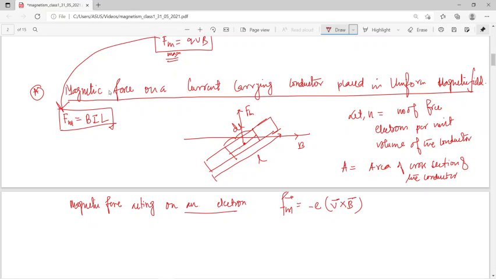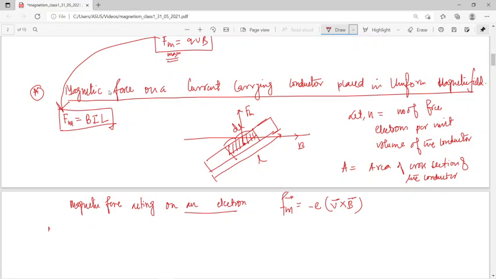And if we consider a small element of length dl of the conductor, the number of electrons in the small element is n multiplied by the volume of the element, and volume means the area multiplied by the length.